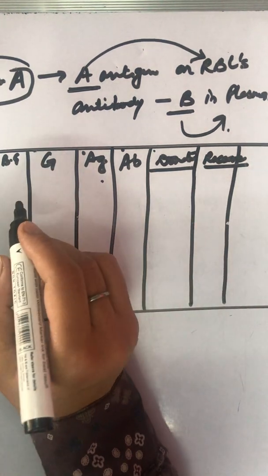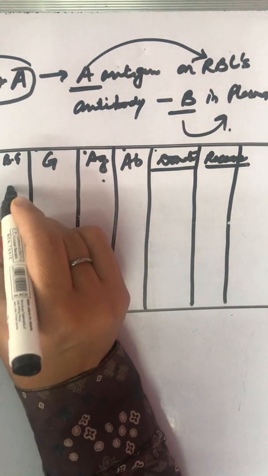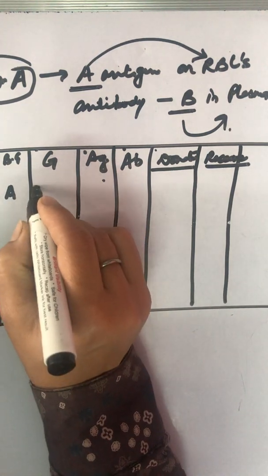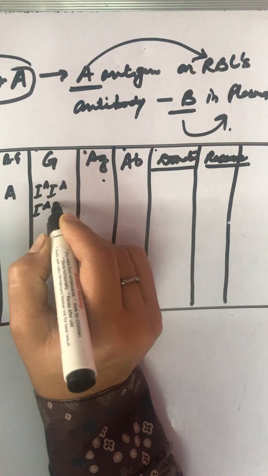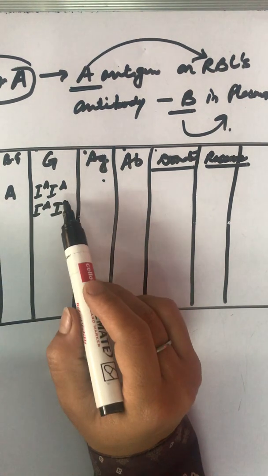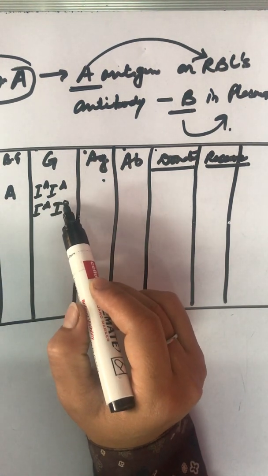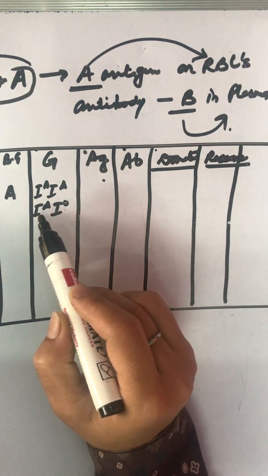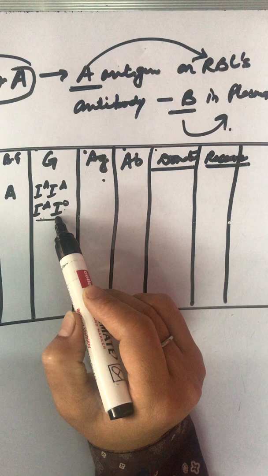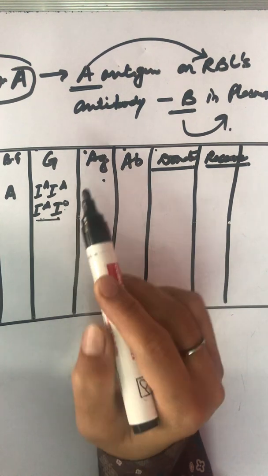Fine. Now if I'm talking about blood group A, it is represented as IA, IO. Just now we mentioned O means no antigen. So it can easily club up with A and give its impression in the blood group.